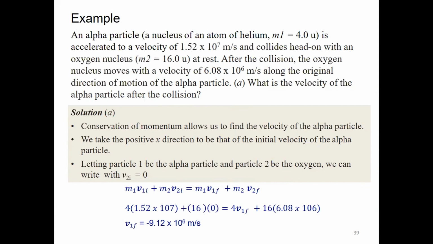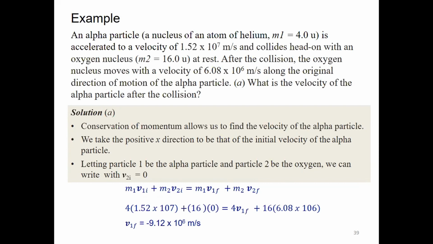An alpha particle, a nucleus of an atom of helium, we say M1 mass is equal to 4 atomic mass units, is accelerated to a velocity of 1.52 into 10 to the power 7 meters per second and collides head on with an oxygen nucleus. The mass of the nucleus is equal to 16 units, it is M2. So it is 16 atomic mass units.